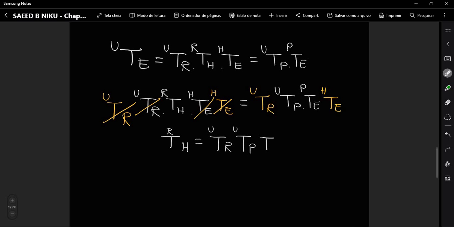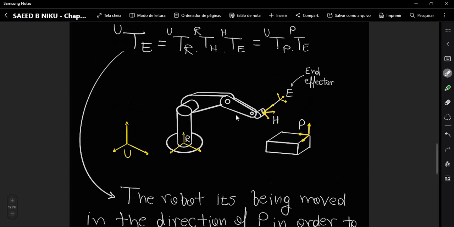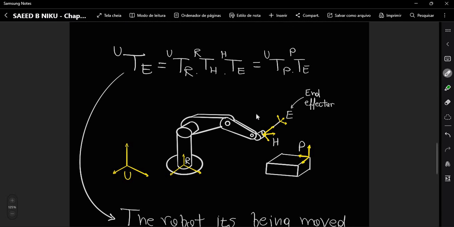And now you see why we revised inverse, because we are doing the analysis of this robot arm in order to find the path in which this robot will do the job of a drill on this workpiece.